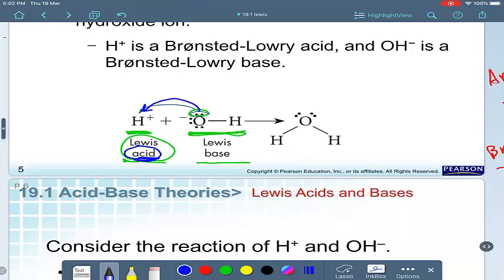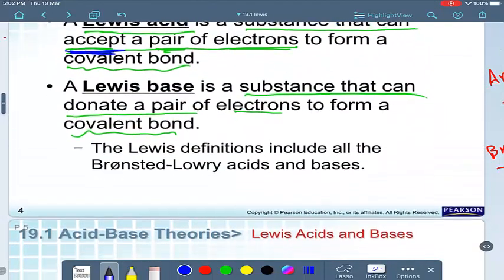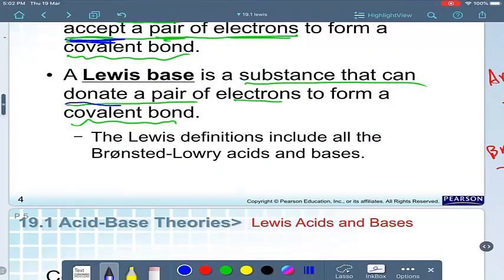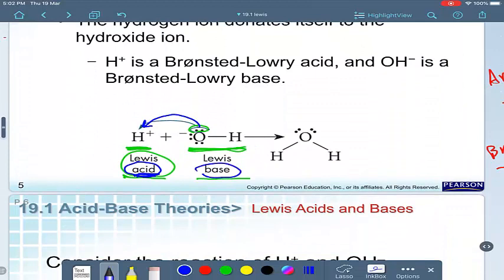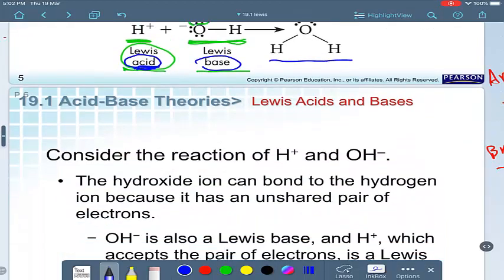It means it donates. So the substance, as we said before, that donates a pair of electrons is a base. It means OH is a base in this case to form a water molecule.